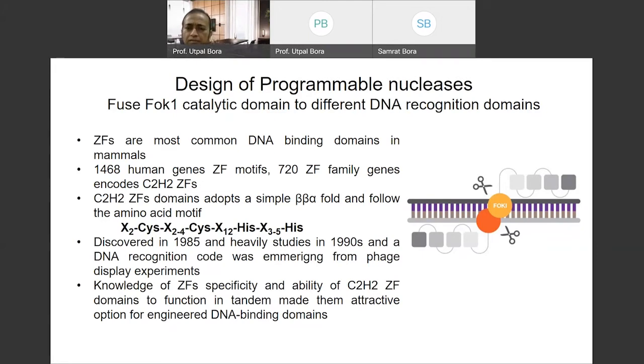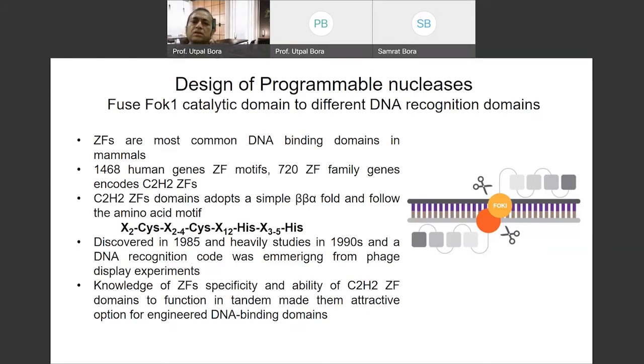Basically this is a beta-beta-alpha fold. They were discovered in 1985 and studied in the 1990s, and there was a gradual emergence of the DNA recognition codes from the phage display experiments.